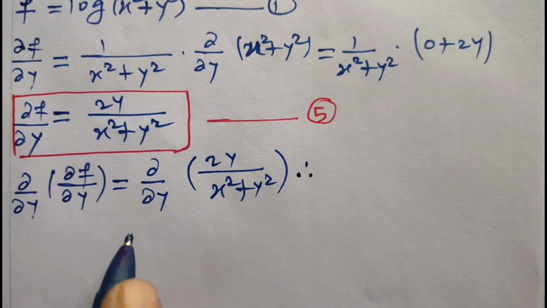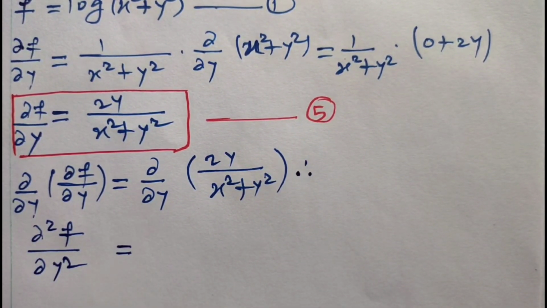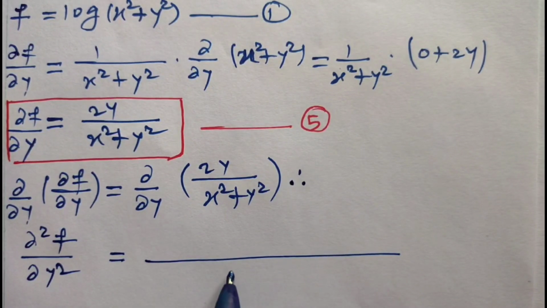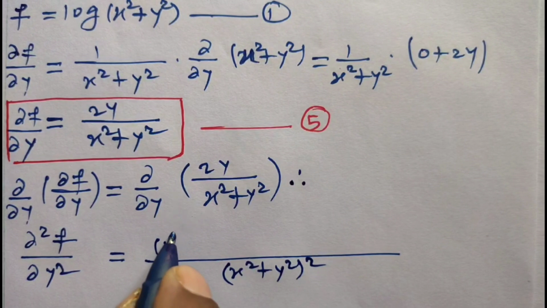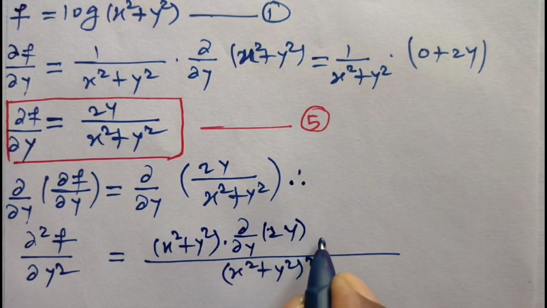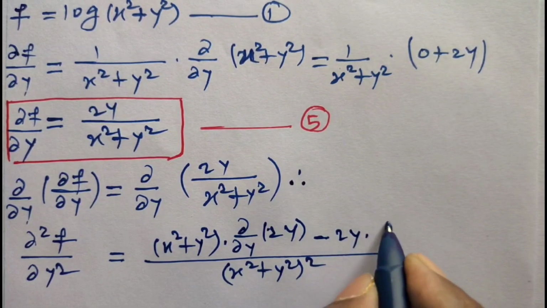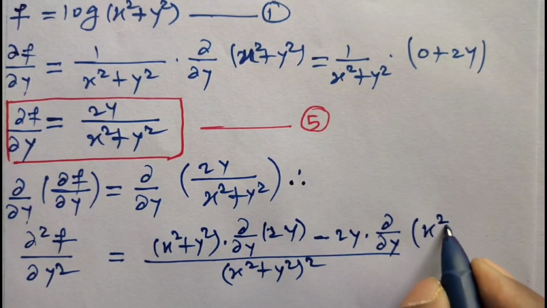This is equal to ∂²f/∂y², which is equal to, from here, the derivative with respect to y of 2y times the square of x² + y², minus 2y as it is times the partial derivative with respect to y of the denominator x² + y².